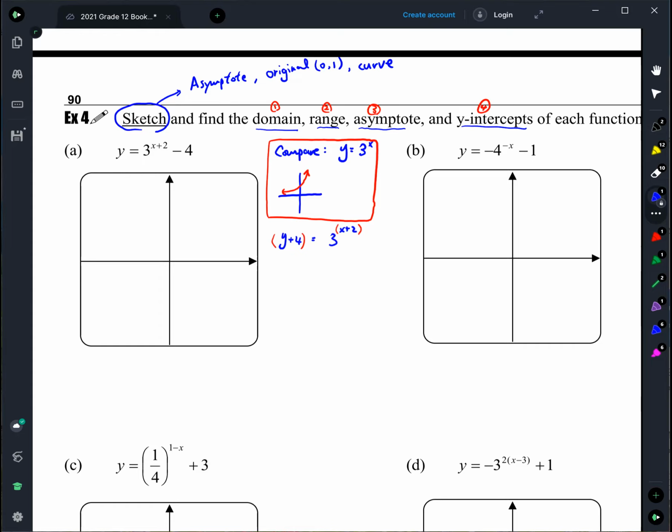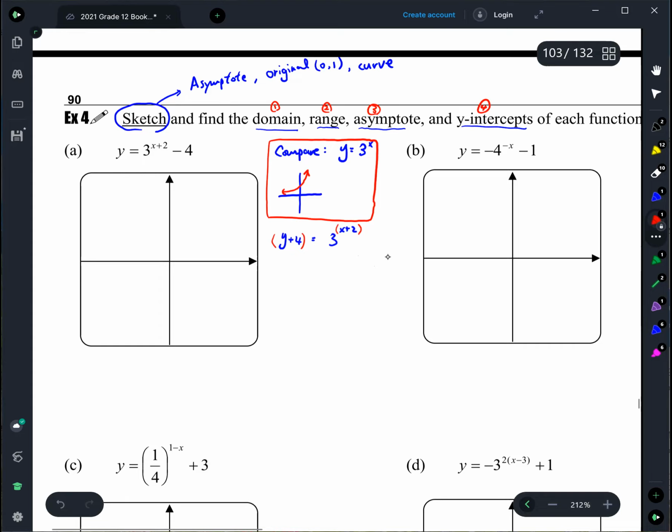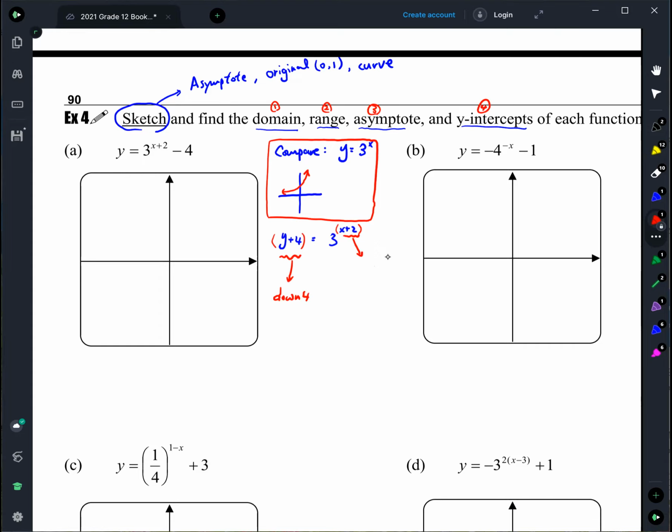Okay, no problem. It's our first chapter, so it's a good chance to review. If you see a y plus 4, it means down 4. If you have forgotten that, please write this down. If it's x plus 2, x is either left or right, but if it's plus 2, it means it will go left 2.